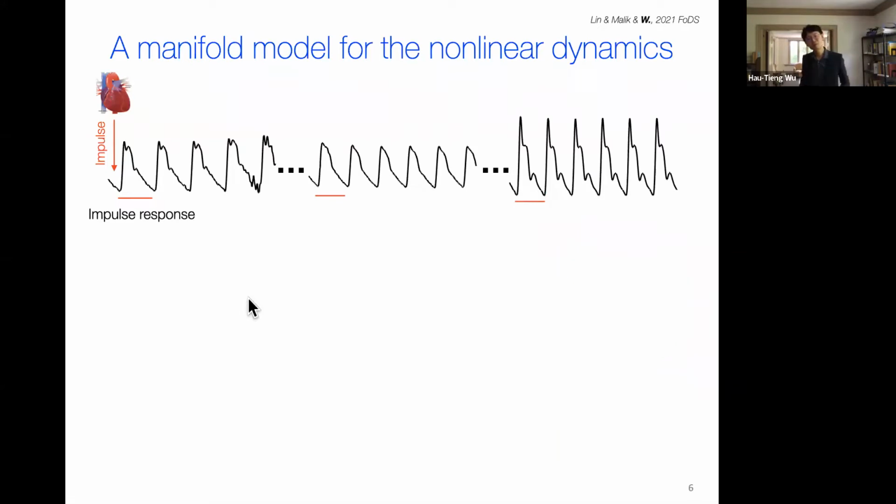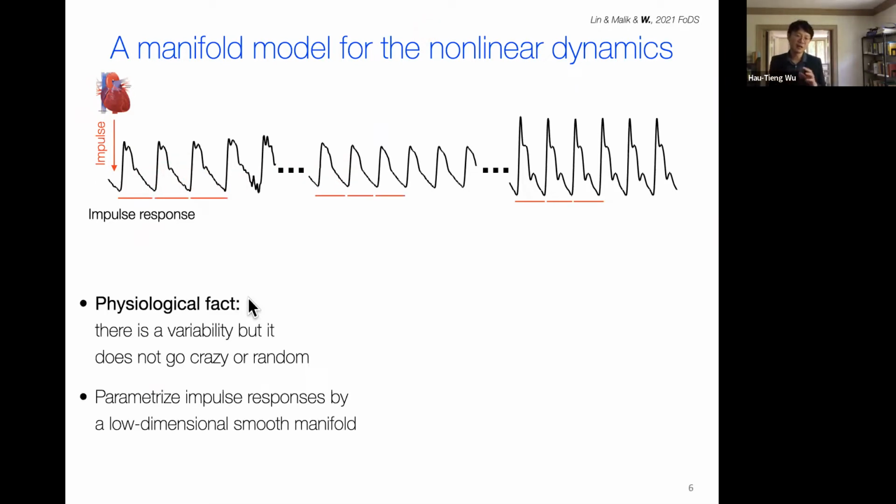Okay, so to quantify this very basic idea, we need to write the mathematical model down. What we propose is a manifold model for the nonlinear dynamics. Recall, we have the impulse and the impulse response, and we have a sequence of them.